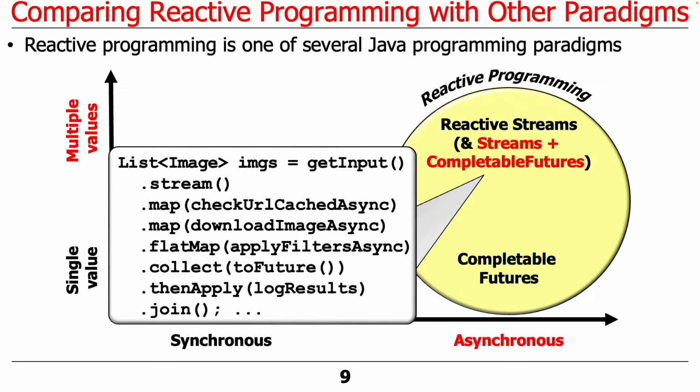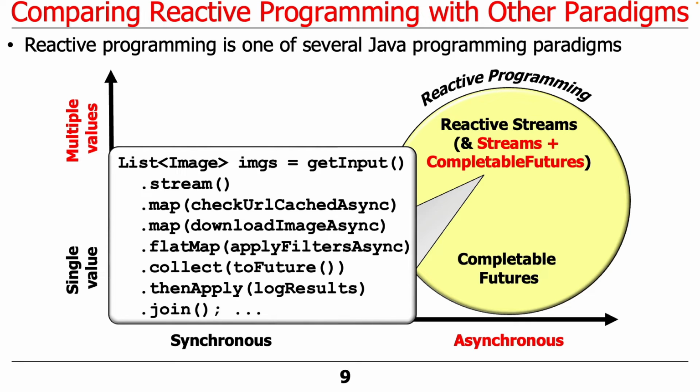The next way of thinking about things is asynchronous with multiple values. And we can get this with modern Java, circa Java 8, 2014, by combining streams with CompletableFutures, and more specifically sequential streams with CompletableFutures.